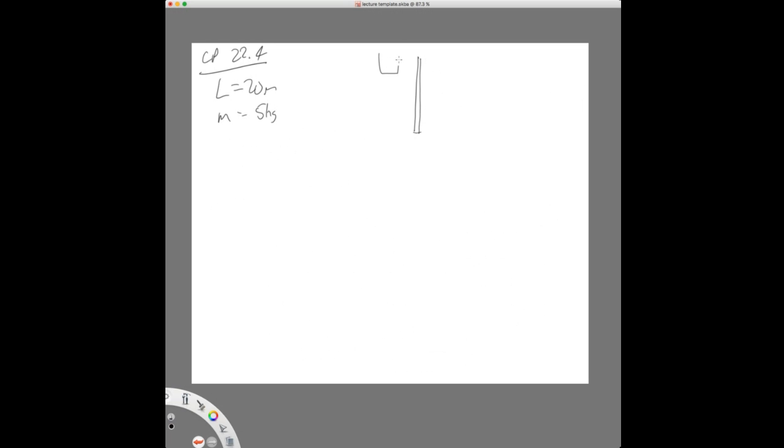So basically, we have a machine here that just kind of wiggles back and forth. And as it wiggles back and forth, a wave is going to propagate through this long cable. It says the frequency is 7 hertz.